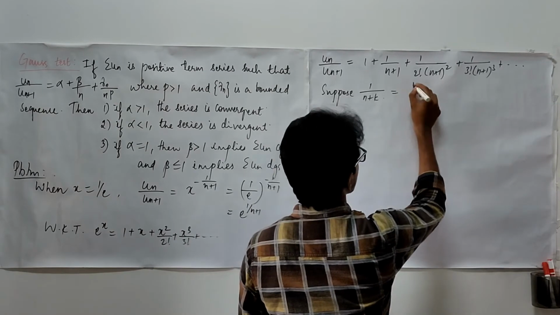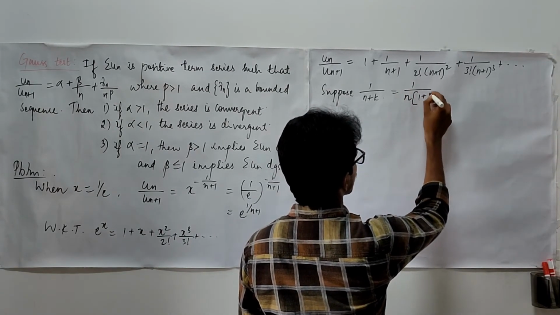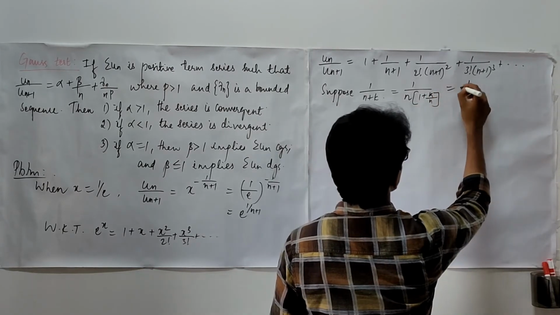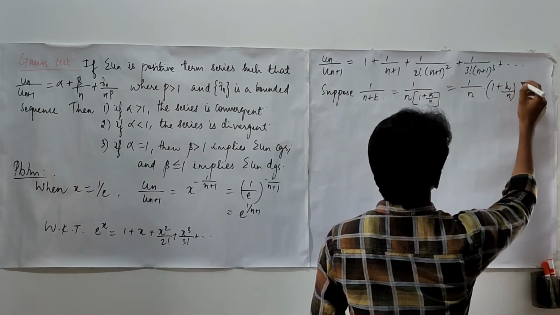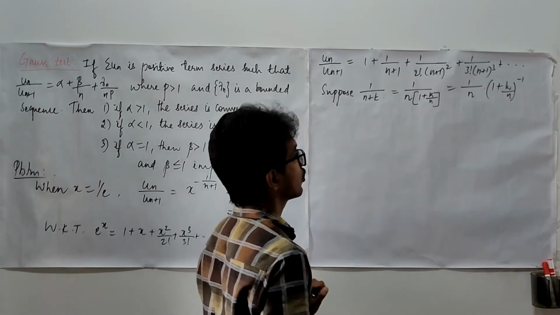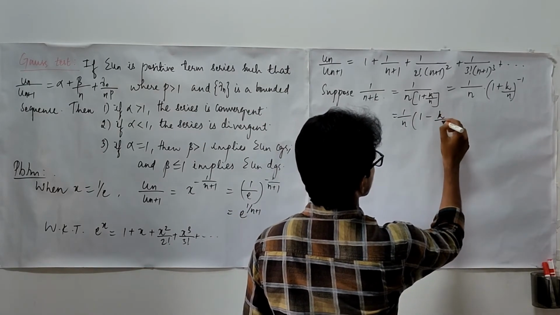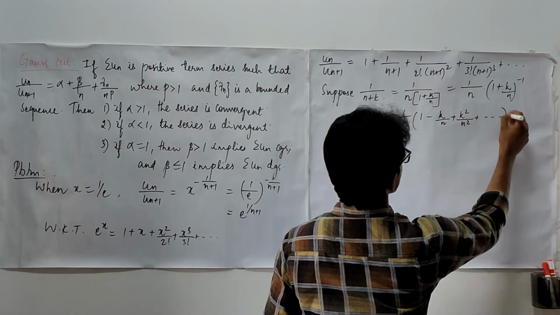So in this case we may take n outside, and it becomes 1 plus k upon n. When you take it to the numerator, what are you going to get? You are going to get 1 plus k upon n power minus 1. So this is going to be 1 upon n times of 1 minus k upon n plus k square upon n square, and it goes this way.